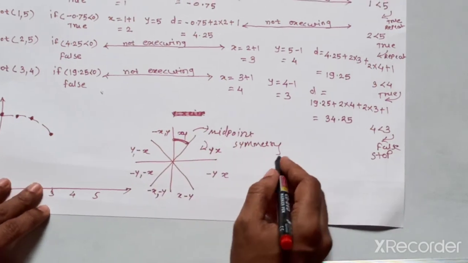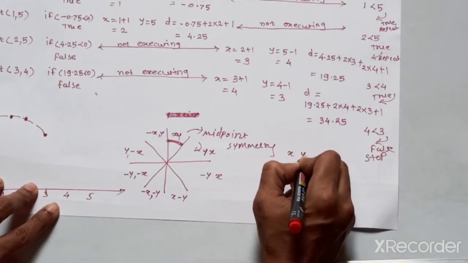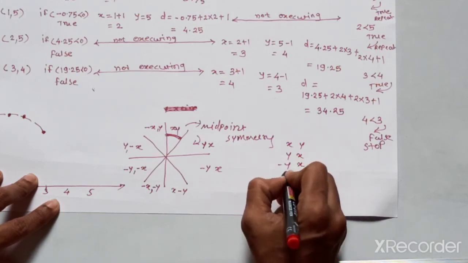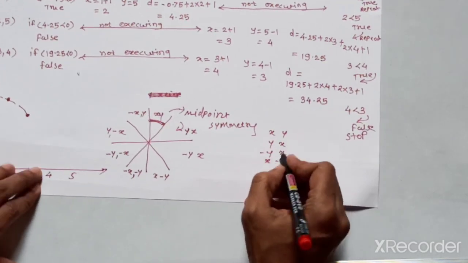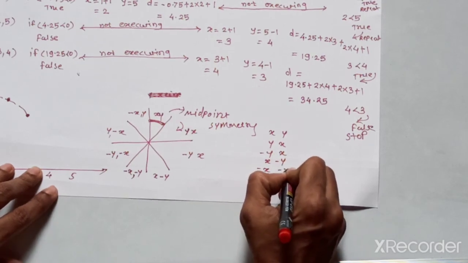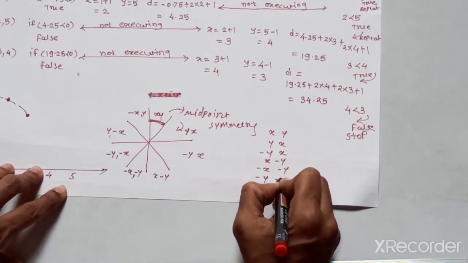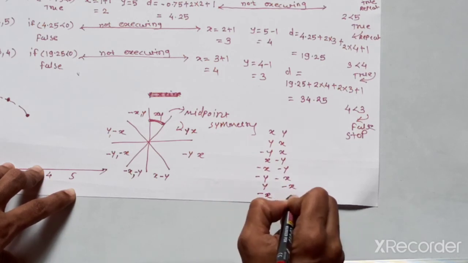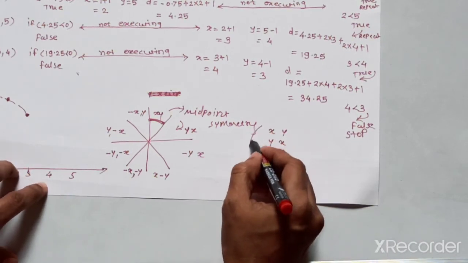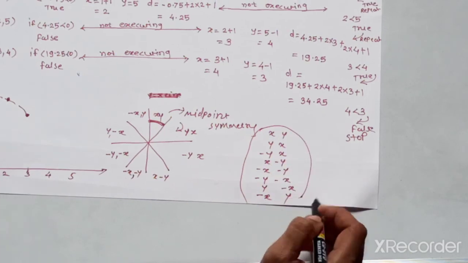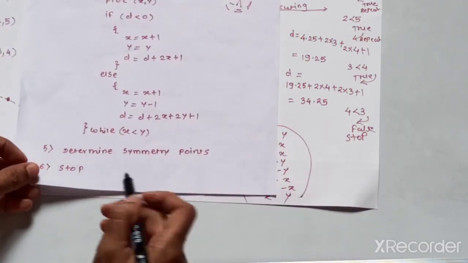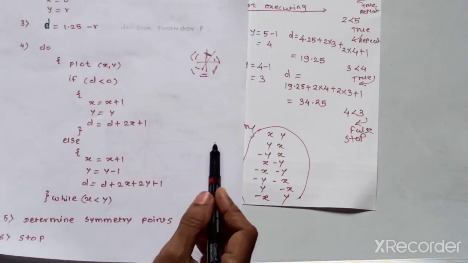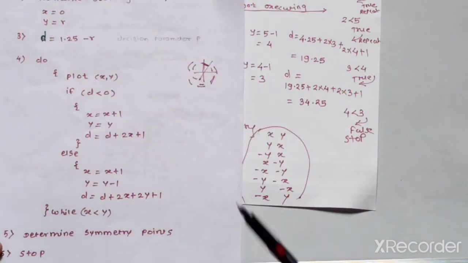This is the point symmetry. Means what we are writing here? x y, then y x, then minus y x, then x minus y, minus x minus y, minus y minus x, y minus x, and the last one is minus x y. So all these are the points, according to our algorithm, for determining the symmetry points. So here is the end of the circle generation algorithm by Midpoint.